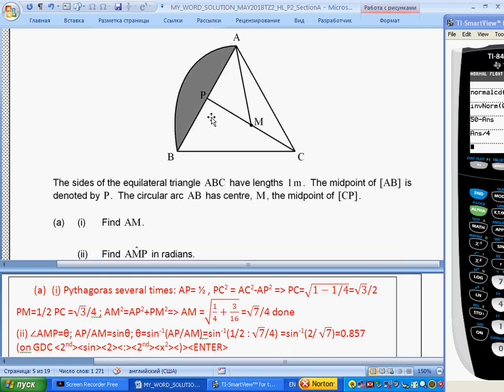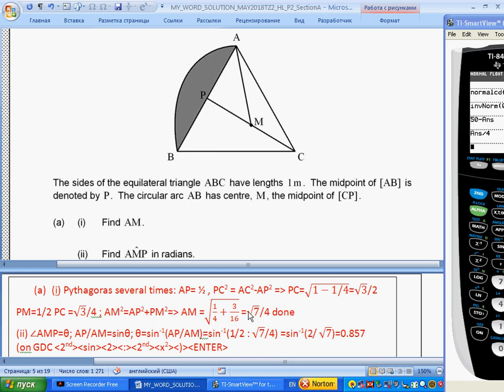Which angle? AMP. So we need side AP and side AM. If you divide AP by AM, you get sine. To find the angle, you use sine inverse.